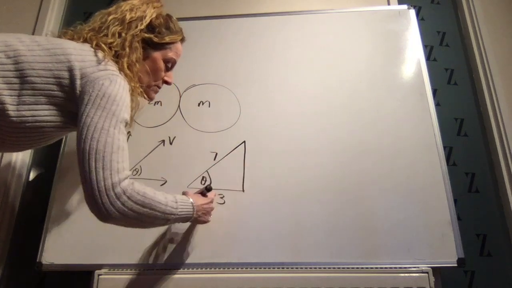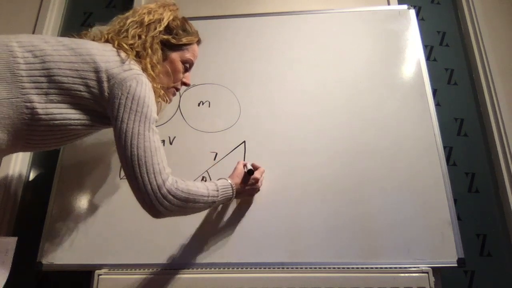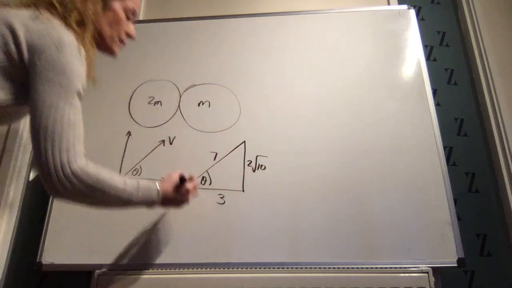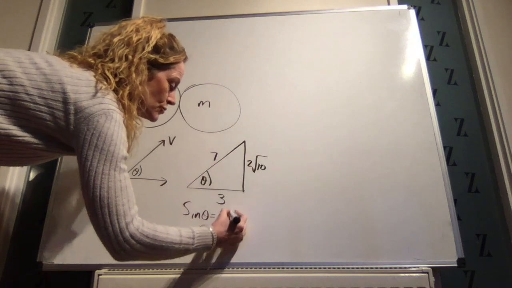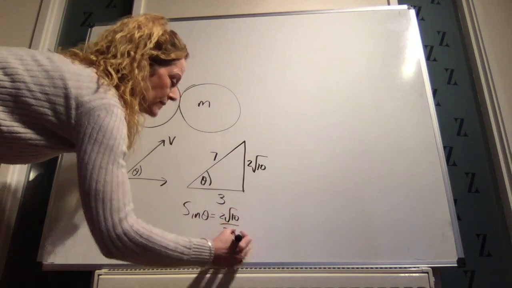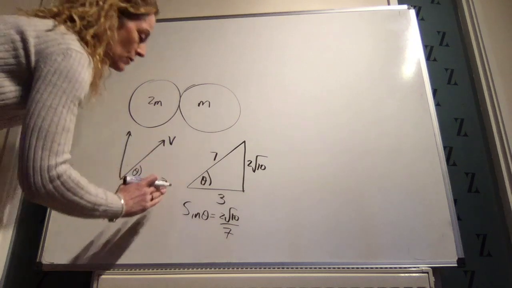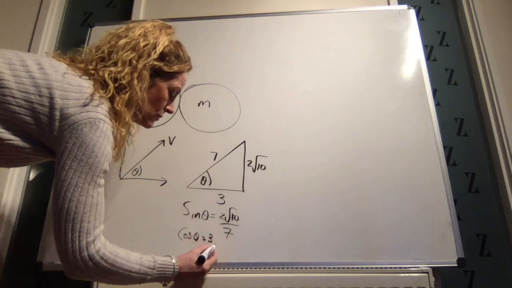So this side must be the square root of 7 squared minus 3 squared, so the square root of 40, which is 2 root 10. From that we can tell that the sine of theta is 2 root 10 over 7. We already know the cosine of theta is 3 over 7.